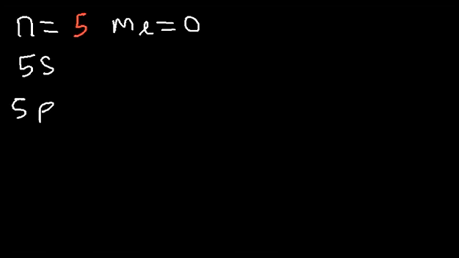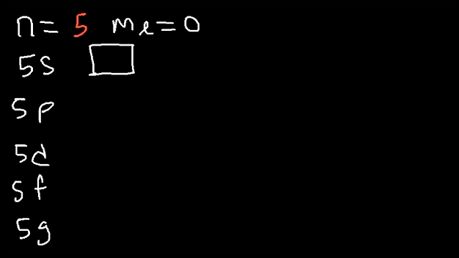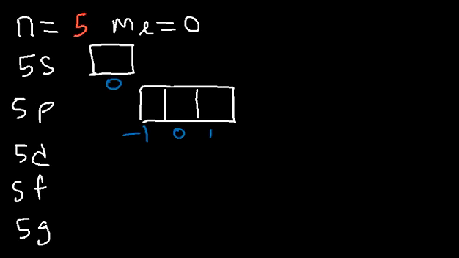Let's try another problem like that. So let's say n is 5 and ml is equal to 0. How many electrons will have these 2 quantum numbers? So in the 5th level, we have 5s, 5p, 5d, 5f, and also 5g. For the s sublevel, L is 0, which means ml is 0. For the p sublevel, L is 1, which means that ml will vary between -1 and 1.